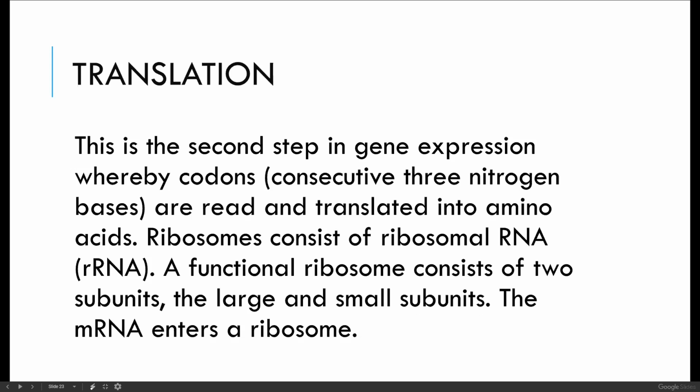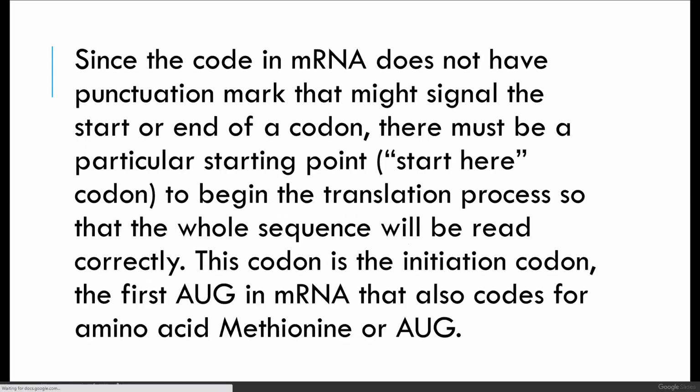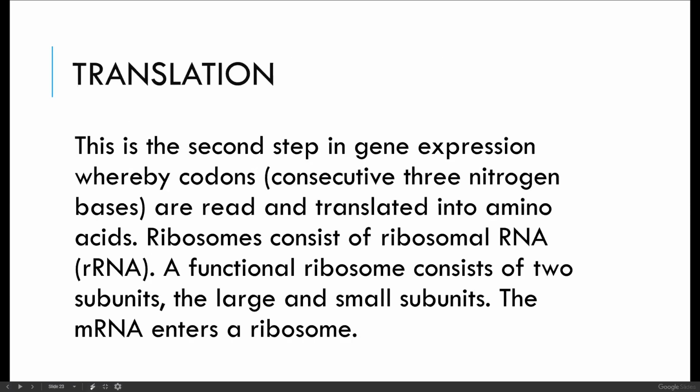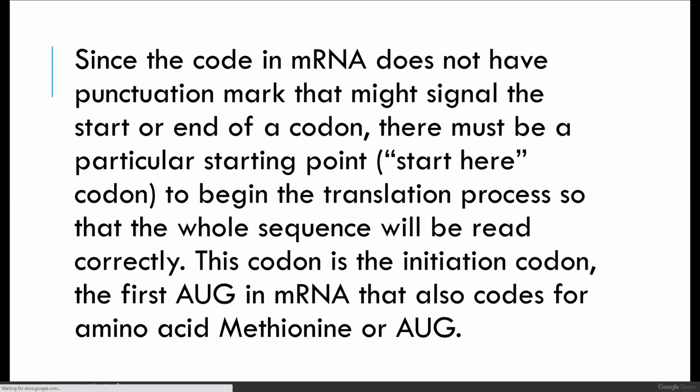Ribosomes consist of ribosomal RNA, or rRNA. A functional ribosome consists of two subunits, a large and a small subunit. The mRNA enters a ribosome. Let's take a look at what these large and small subunits are.